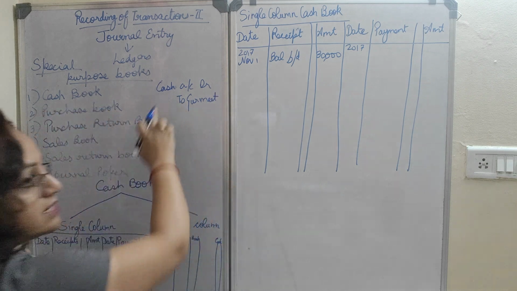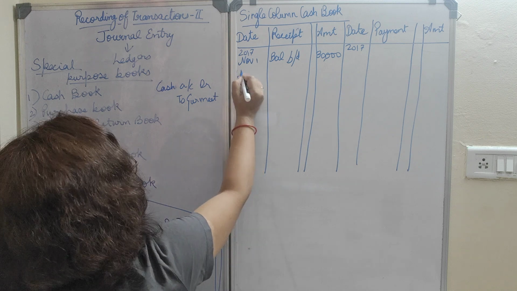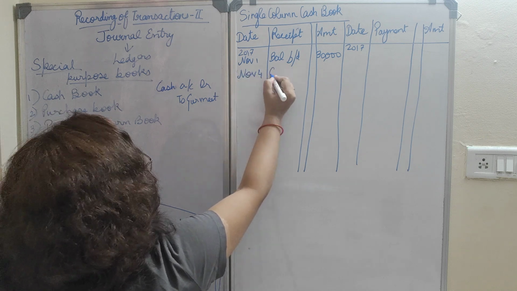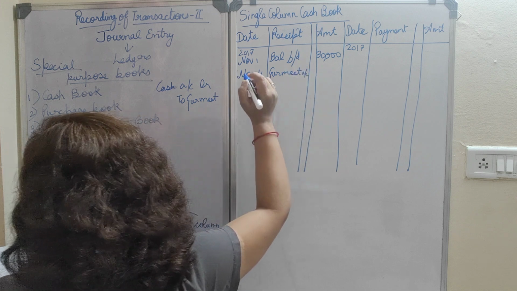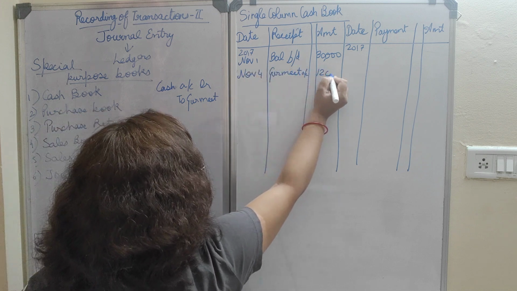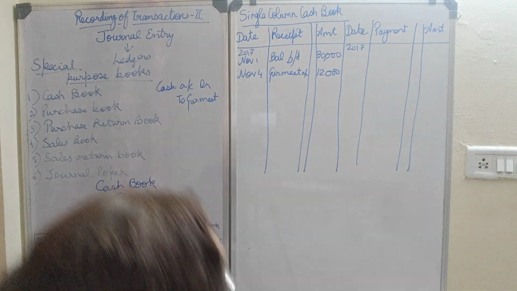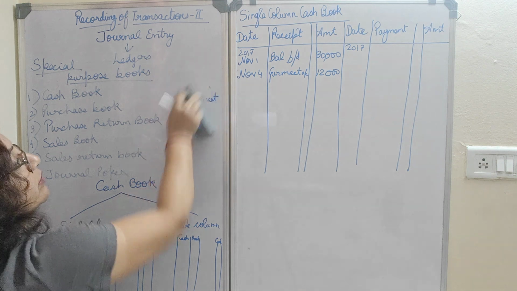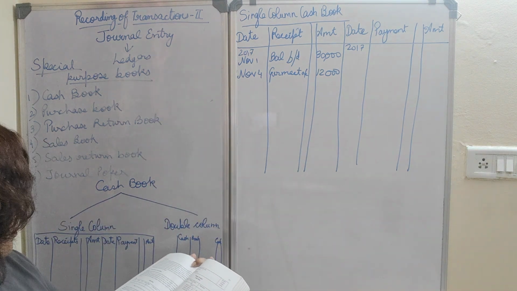So cash account is debited, so Gurmeet will come on the debit side. November 4, Gurmeet account. How much is it? 12,000. We can make this in our rough so that we do not get confused, because you are directly doing it in the cash book. Now journal entries are not done.